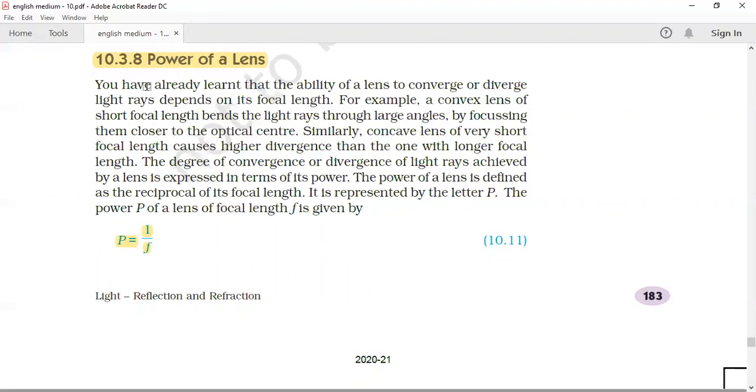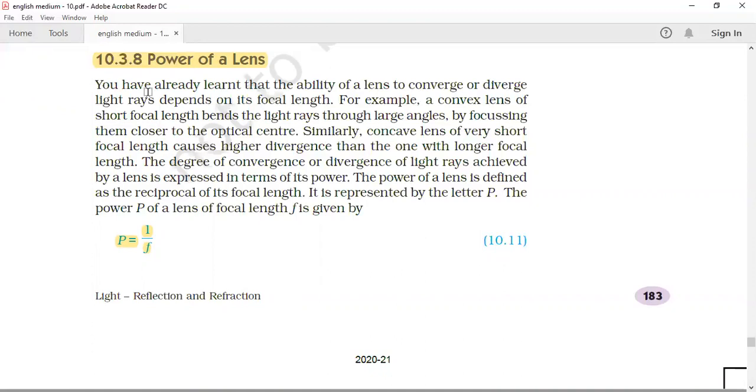You have already learned that the ability of a lens to converge or diverge light rays depends on its focal length. A convex lens of short focal length bends the light rays through a large angle by focusing them closer to the optical center.